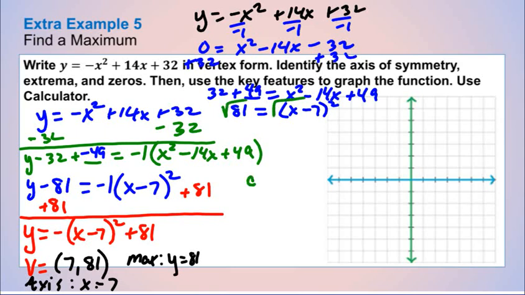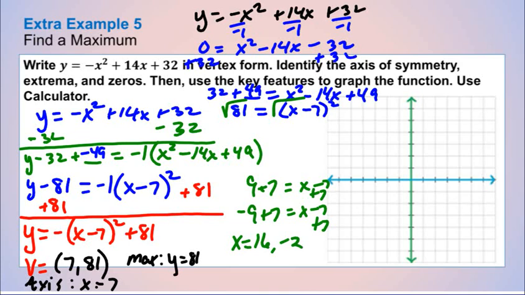That gives me positive and negative 9, and then I have x minus 7. So I add 7 to both sides. So my zeros would be x equaling 16 and x equaling negative 2.